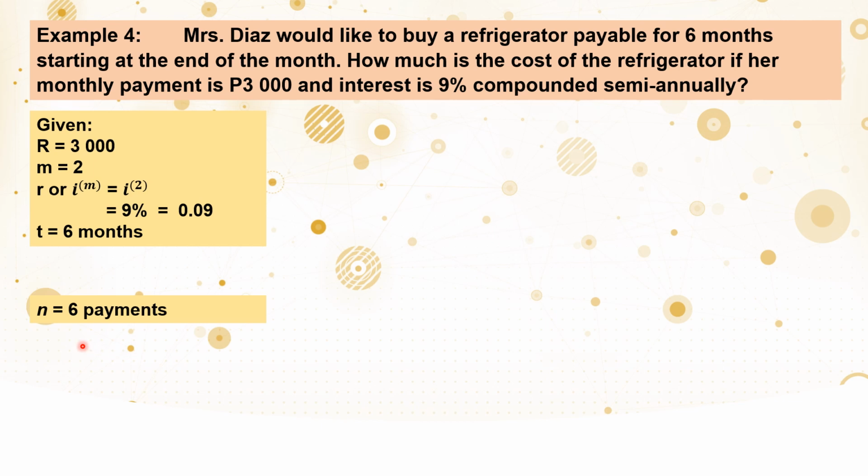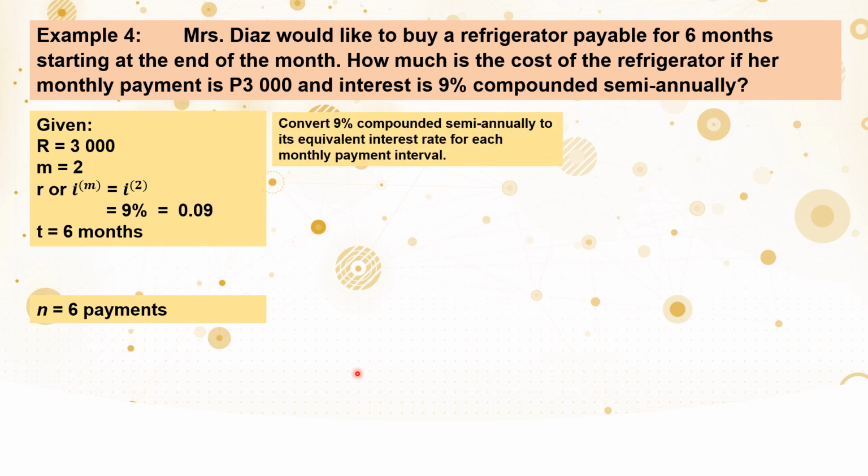So, she has 6 payments. Next is, we need the value of J. Kasi merong J dun sa formula. So, to find for J, convert 9% compounded semi-annually to its equivalent interest rate for each monthly payment interval.